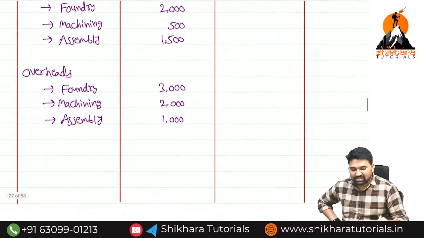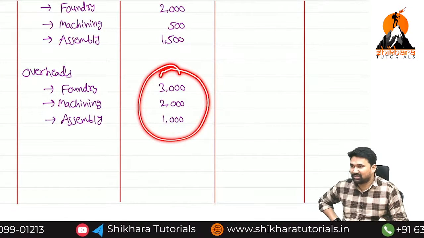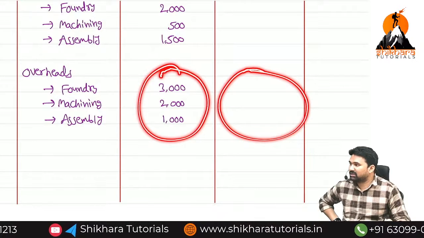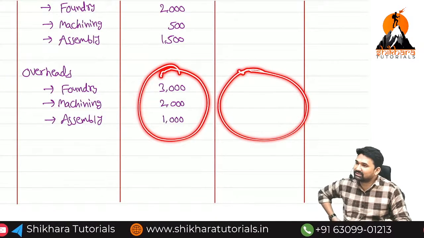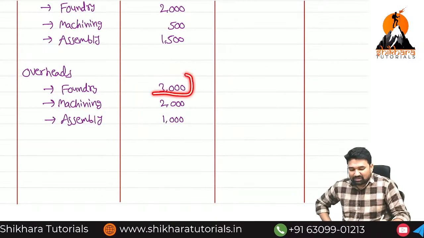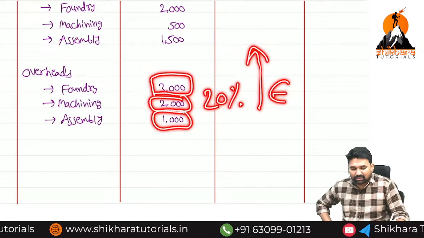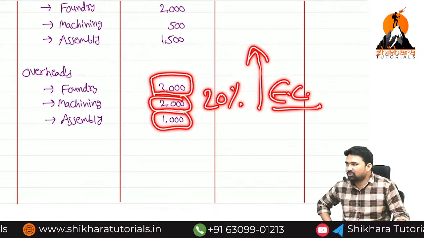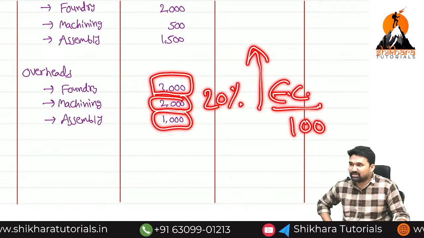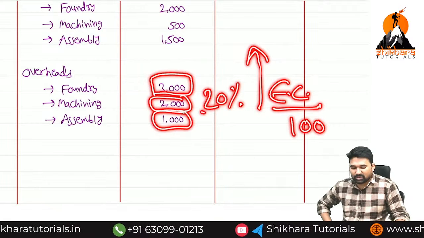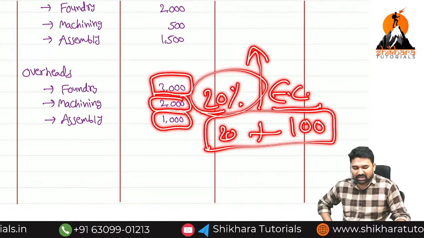Listen, this is what? Overheads, actual or estimate? Actual. This is what? Estimate. You know? No, you don't know. But you know the link. What is the link? Whatever the actual cost is, it is 20% more than estimated cost. You don't know the estimated cost, right? That's why take it as 100. Estimated cost is 100. 20% more, right? 20% on 100 means 20, plus 100, 120.